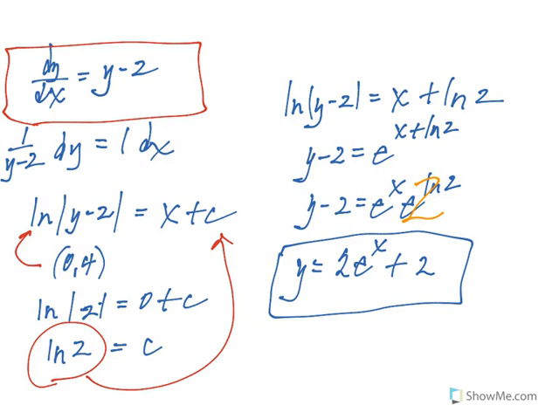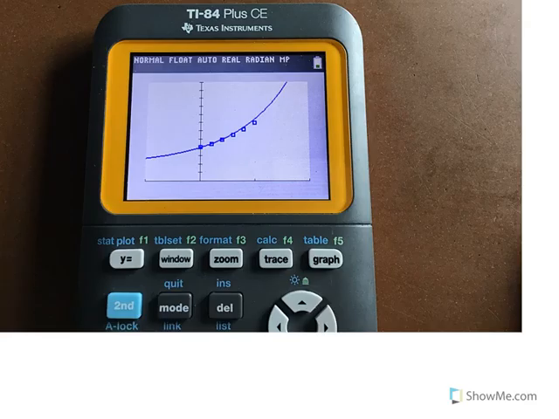If I were to actually plot the ordered pairs given by Euler's method and compare them to the graph of this particular solution, you are going to see something like this. What you'll notice is the dots right here, which I put into stat plot.